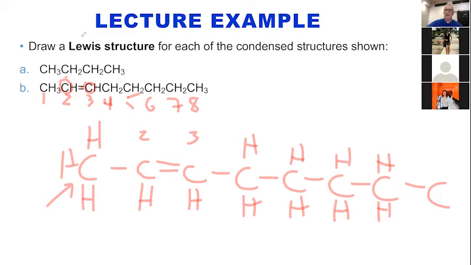Until we get to the end. And at the end of these, if you just want to do CH3, that's fine with me. Because we're going to be drawing a lot of these. And so if you just want to put CH3 at the end of these molecules, that's fine, rather than drawing each one of them out. So that would be acceptable. So anyone know what this would be called?